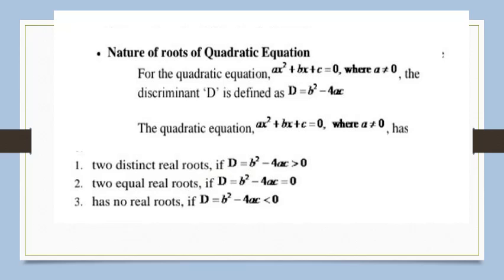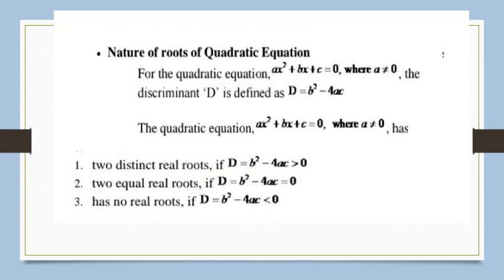The nature of the roots of the quadratic equation. For the quadratic equation ax square plus bx plus c equals 0, where a is not equal to 0, the discriminant d is defined as d equals b square minus 4ac.